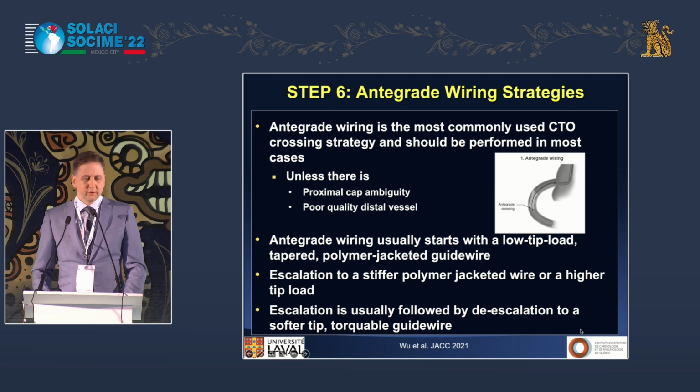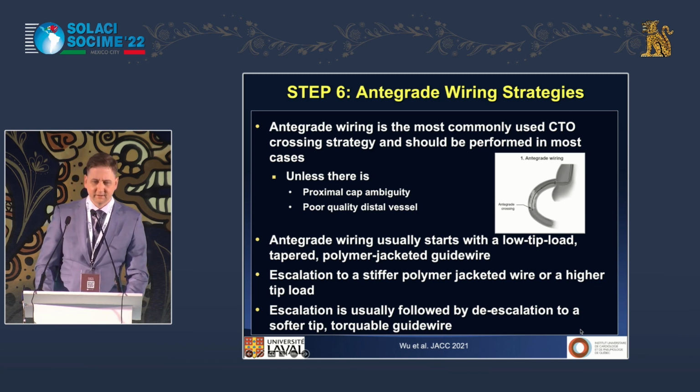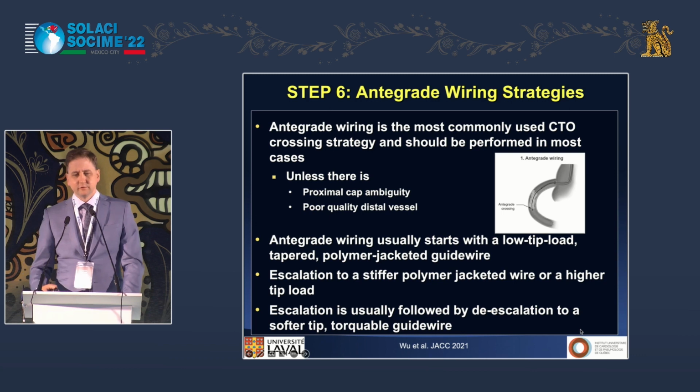Then you want to consider antegrade wiring strategies, because antegrade wiring is the most commonly used CTO crossing strategy, and this should be performed in most cases, unless there is a very ambiguous proximal cap or poor quality distal vessel.